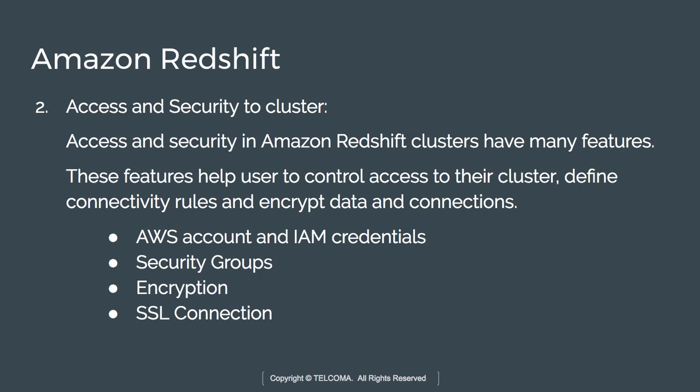Next we have encryption. When the user provisions the cluster, he or she can optionally choose to encrypt the cluster for additional security. When you enable encryption, Amazon Redshift stores all data in user created tables in an encrypted format.